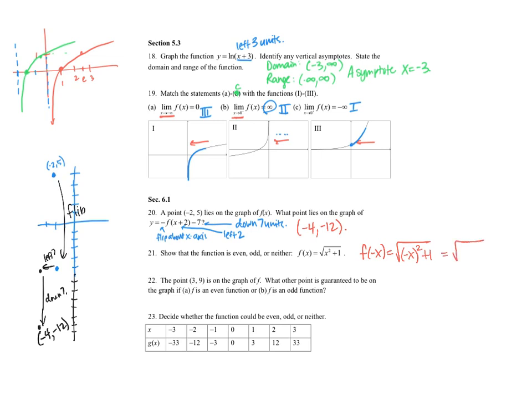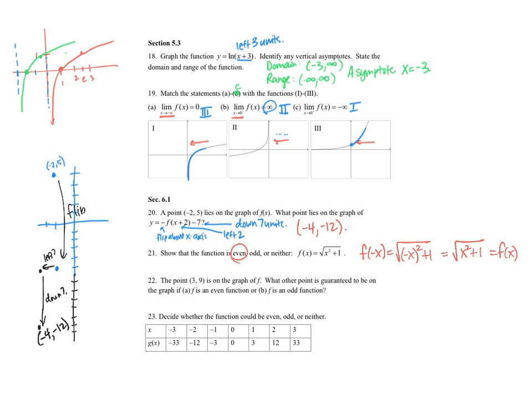So square root of x squared plus 1, which is equal to my original function. So if f of x is equal to f of negative x, then that is even. If I had got that f of negative x was equal to the negative of f of x, it would be odd. And if I got something that was neither of those things, it would be neither. Okay.